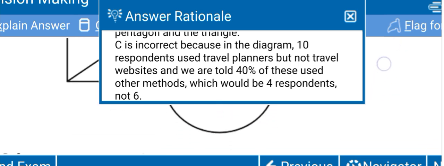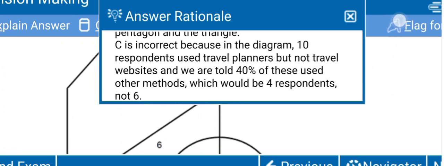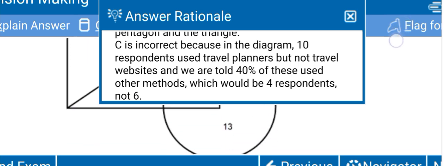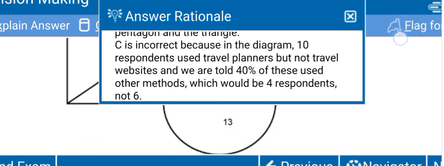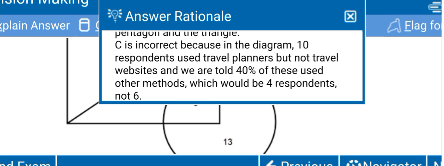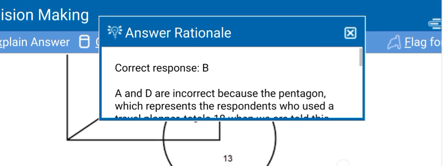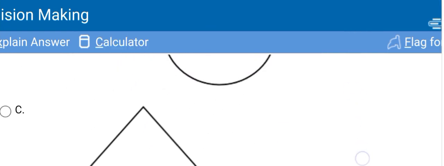C is incorrect because in the diagram 10 respondents used travel planners but not travel websites, and we are told 40% of these used other methods, which would be 4 respondents, not 6. So the correct option is option B.